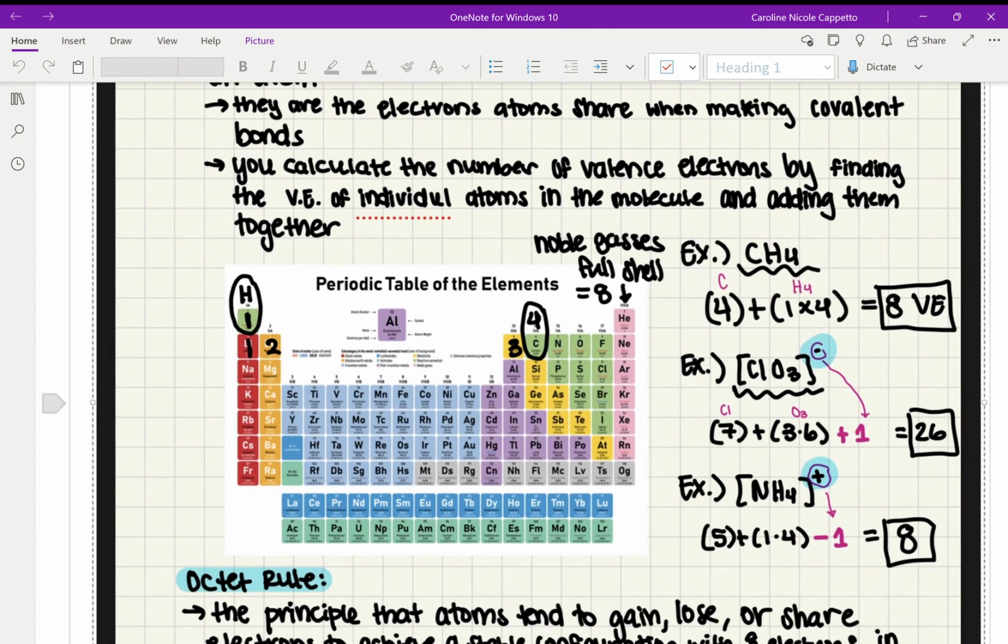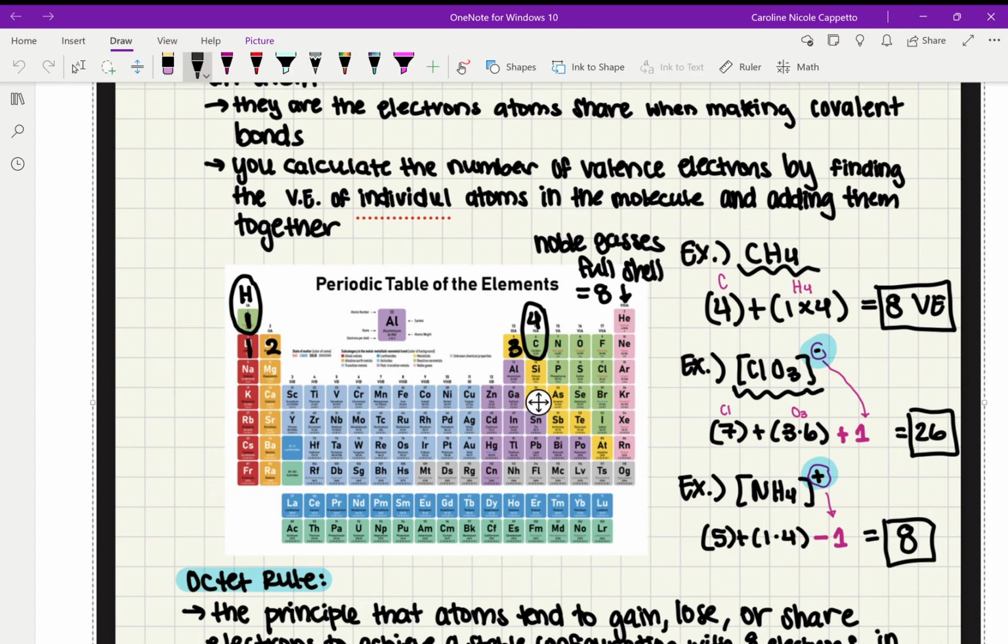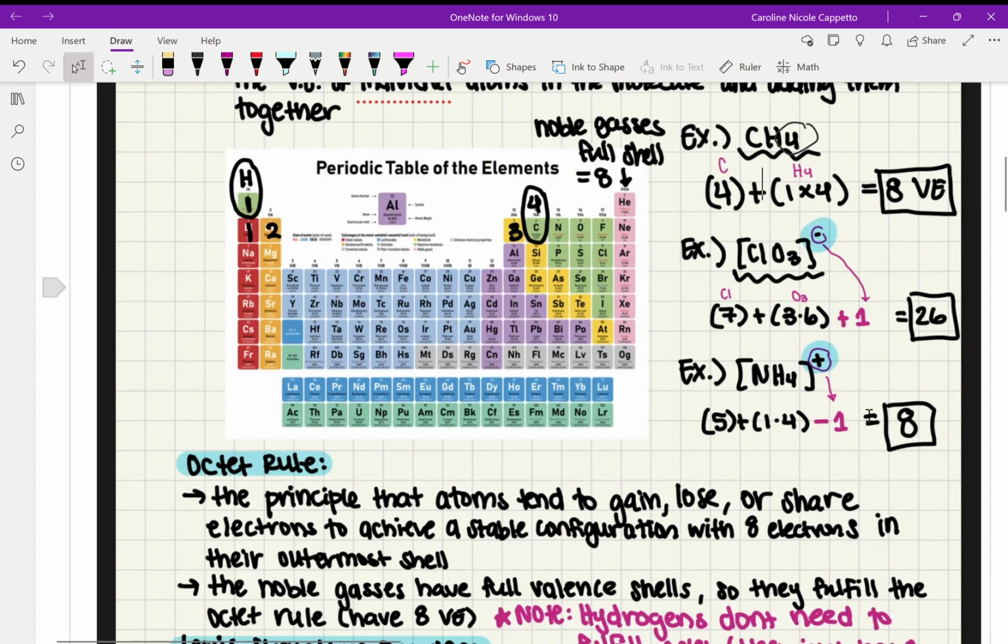So, for example, CH4: carbon has a valence electron number of 4 right here on the periodic table, and hydrogen has a valence electron number of 1, and then you multiply that by 4 because there's 4 hydrogens in that compound, so that ends up being 8.